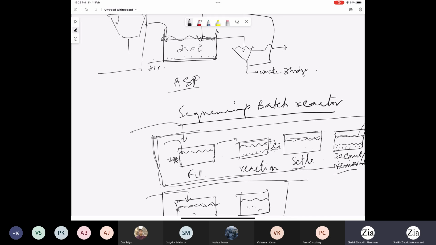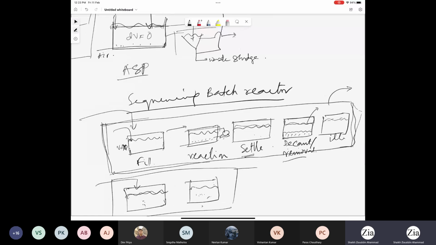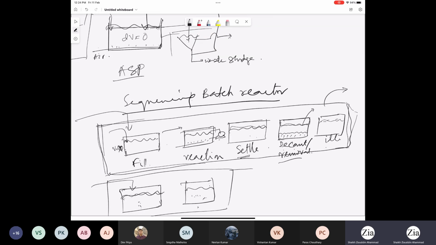Then you allow the biomass to settle down. After settling, the rest is like any other mechanical separation operation, where you separate things based on their settling velocity. Here we are talking about gravity separation, meaning we are not taking any help of induced gravity like centrifugation. So it will settle down and then the liquid can be removed from the top.